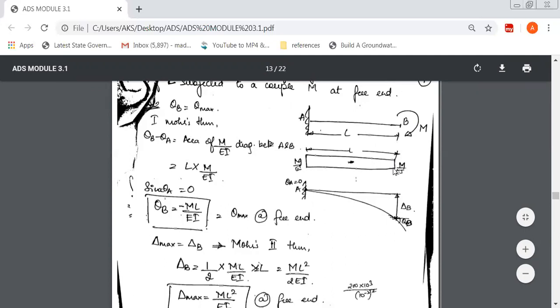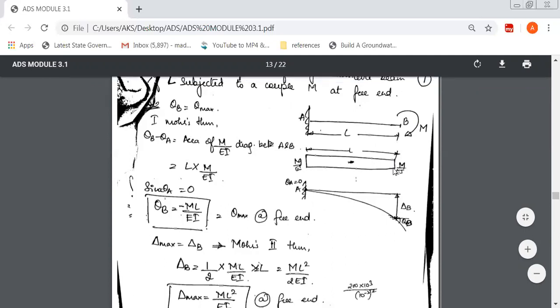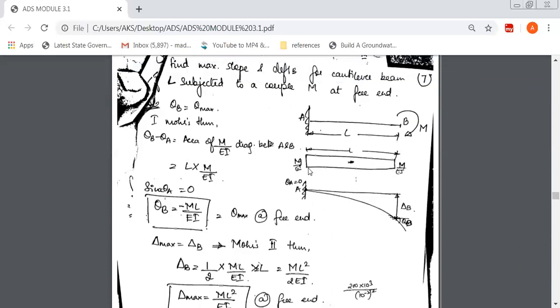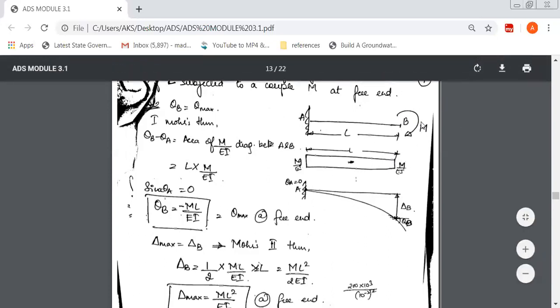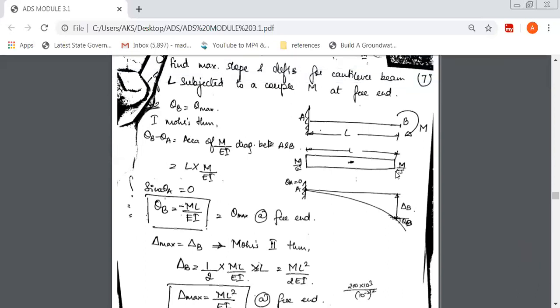So M is the ordinate here. Same thing, it will be here at this point. Then you have to join this back here. So M is basically the bending moment diagram, because there is only one moment. Because it is the M over EI diagram, you just divide that by EI and show it on the negative side.